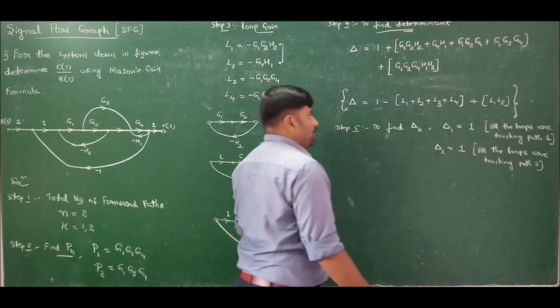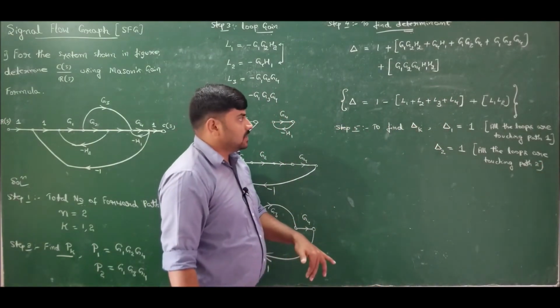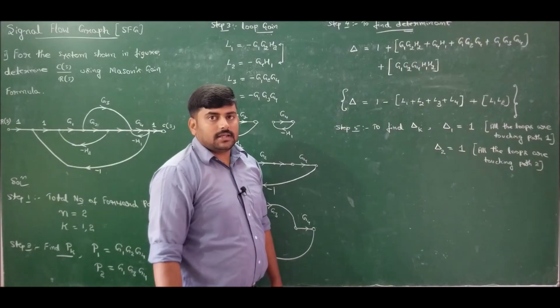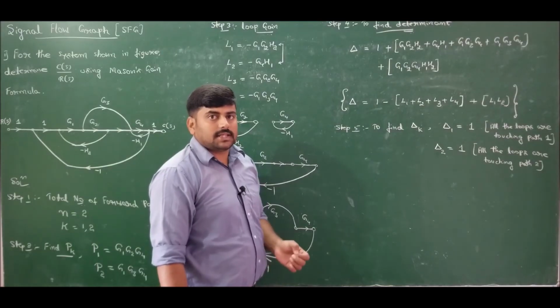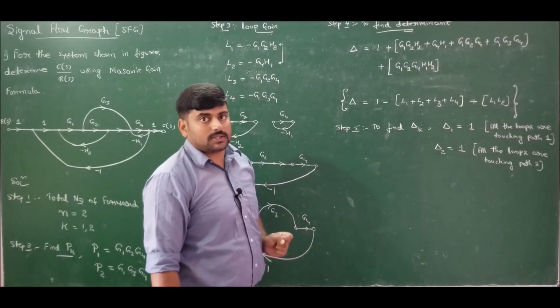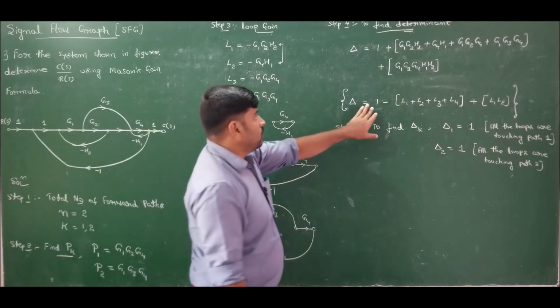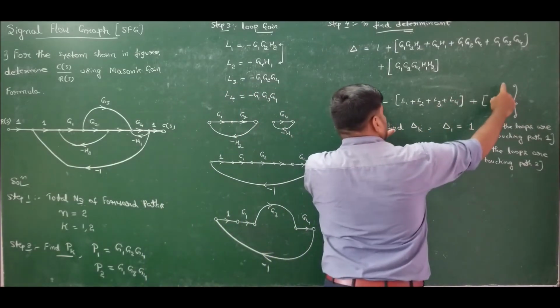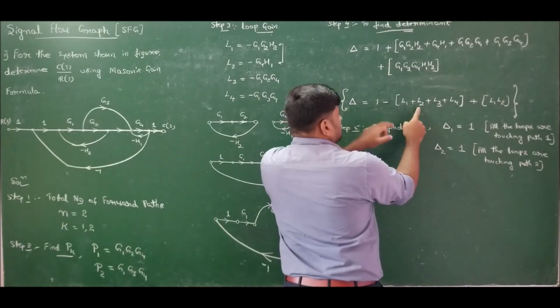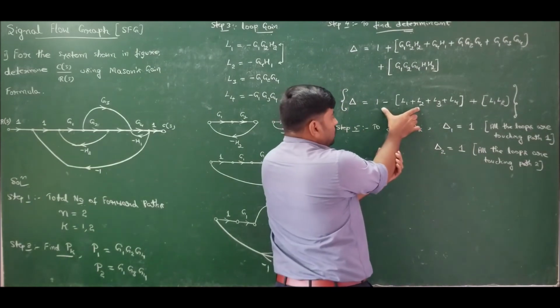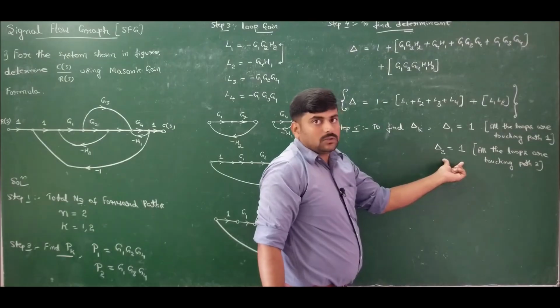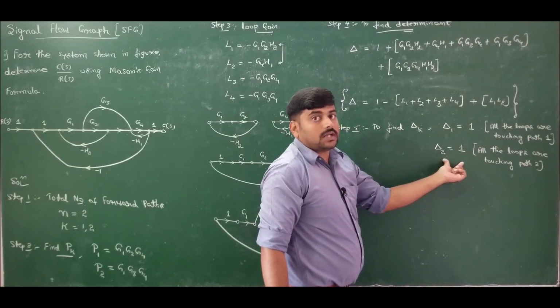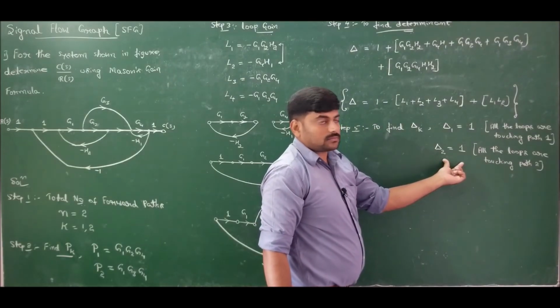If in case L2 was not touching path 2, then what would be the answer? 1 minus eliminate L1, eliminate L3, eliminate L4, again eliminate L1, which means 1 minus L2. So 1 minus L2 would be the answer for delta 2 if loop 2 was not touching path 2.